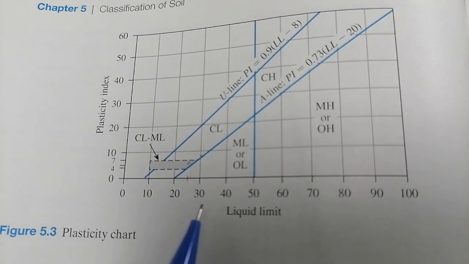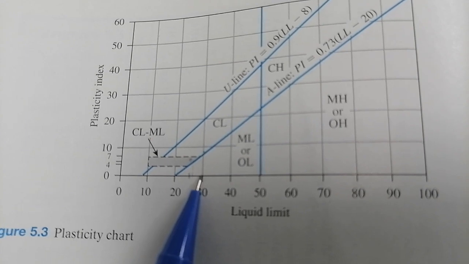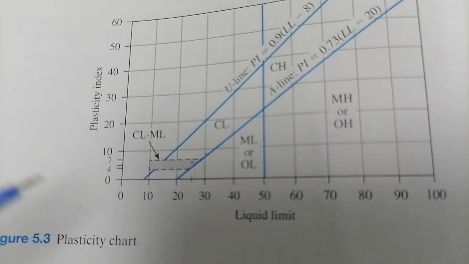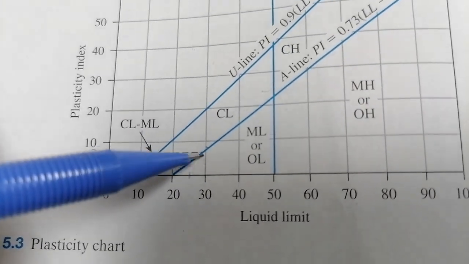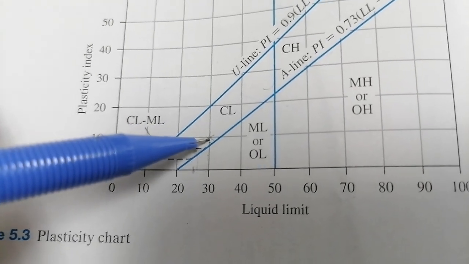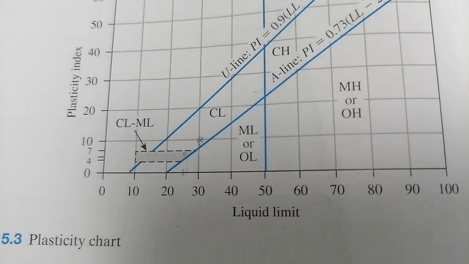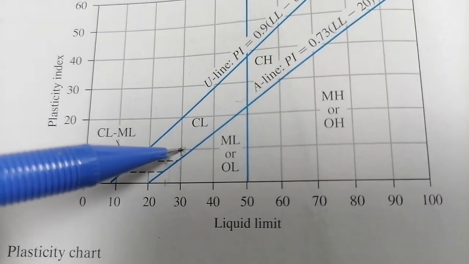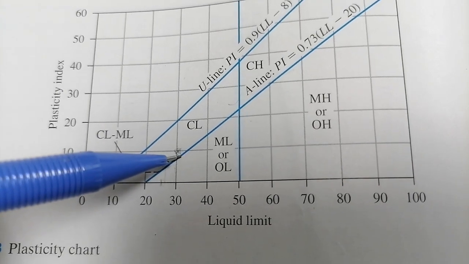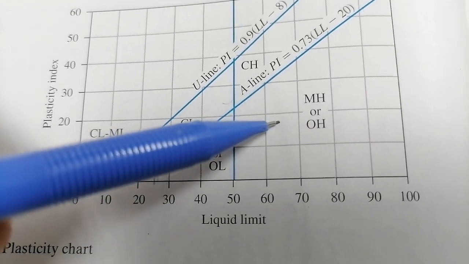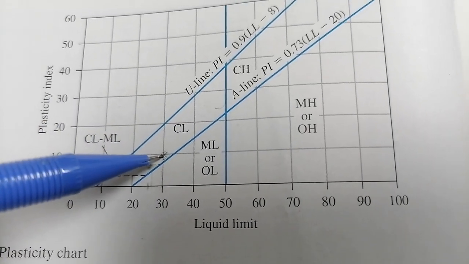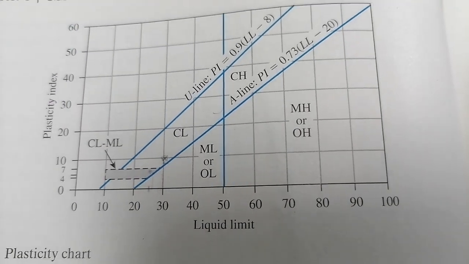Okay, so liquid limit kita tadi is 30 and then kita punya plasticity index is 10. So kalau you tanya, if you plot 30 and 10, so this is our point. Okay, by looking at this, so our point is above the A line. Ini bawah A line, ini atas A line. So our point is here. So it is above the A line.